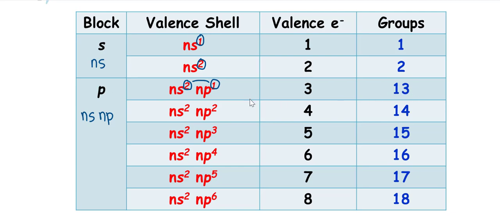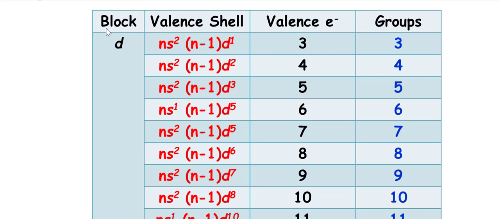So for the p block, we add 10 to the valence electrons to get the group. For 4 valence electrons plus 10, we have group 14. 5 valence electrons plus 10, we have group 15, and so on until group 18.